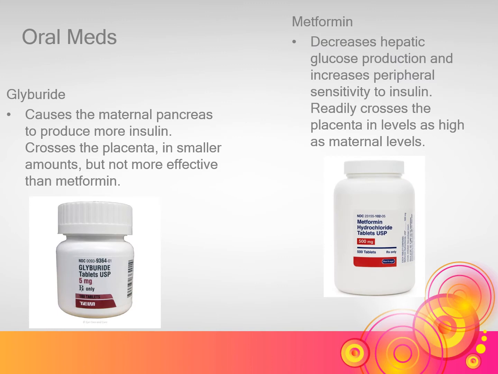So here is glyburide: it causes the maternal pancreas to produce more insulin. It does cross the placenta in smaller amounts, but it's not more effective than metformin. Metformin decreases hepatic glucose production and increases peripheral sensitivity to insulin. It readily crosses the placenta in levels as high as the maternal levels.